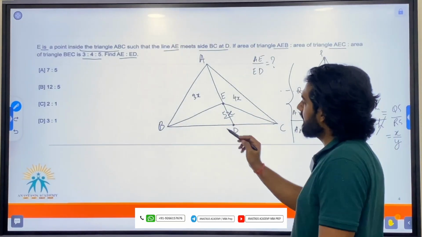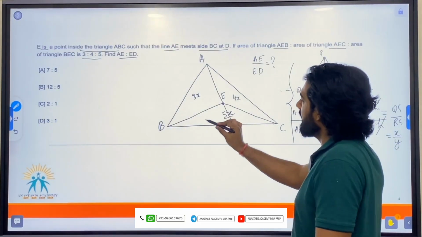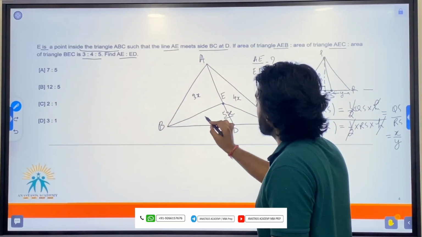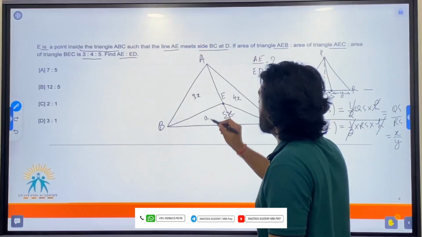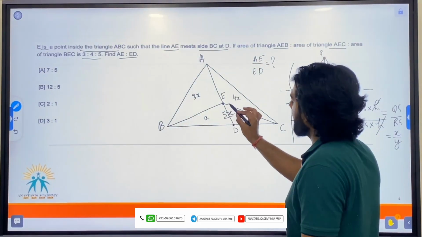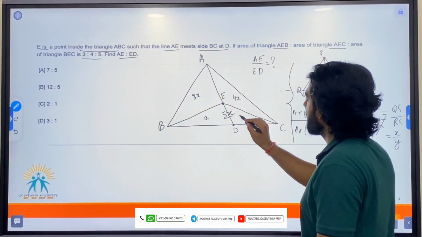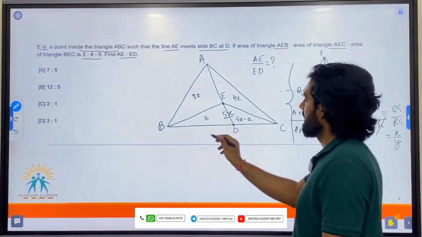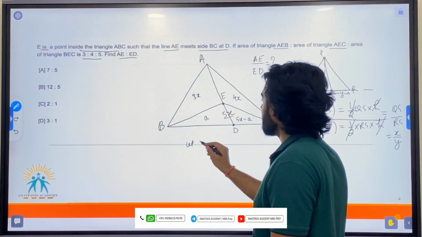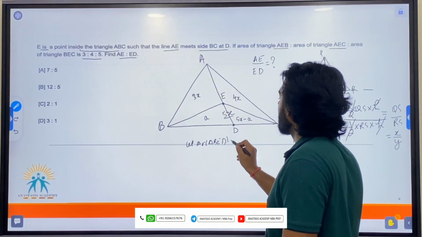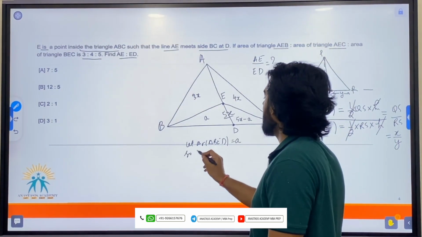I am assuming the area of this triangle BED as A units. So the area of triangle EDC would be 5x minus A, right?